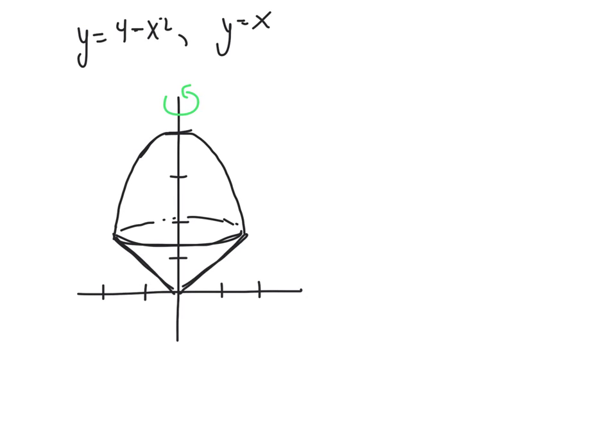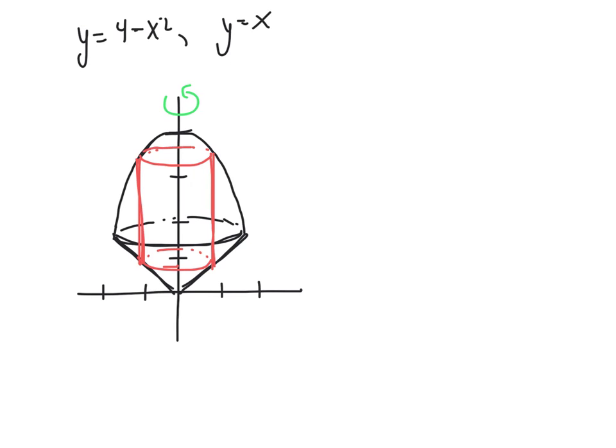So it's going to look like this. I'm going to slice it vertically. I'm going to take a really, really thin slice, and I'm going to wrap it around. So it's actually going to make a cylinder, a cylindrical shell, if you can picture that. I'm not going to talk about the thickness of that.